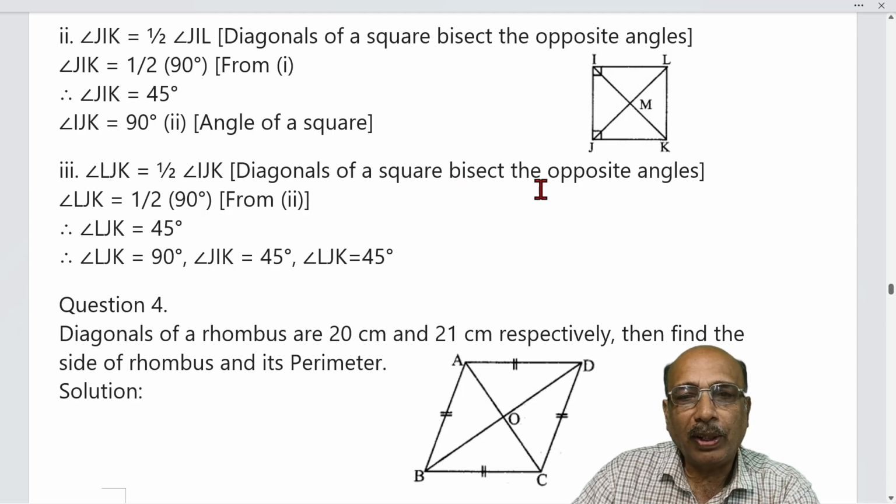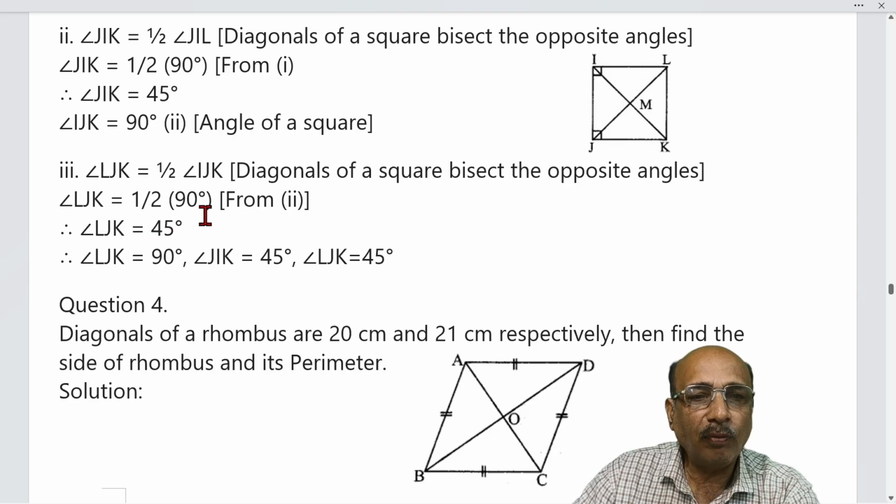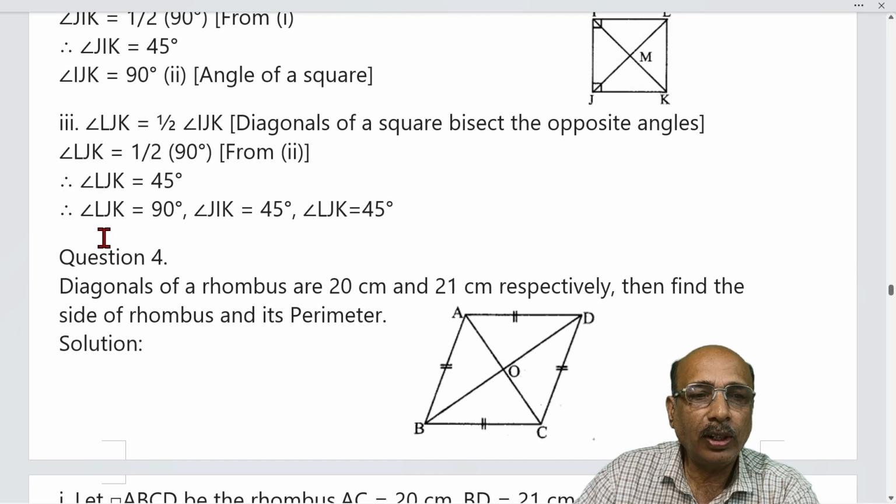Diagonals of a square bisect the opposite angles, again the same reason. So angle LJK equals half of 90 degrees equals 45 degrees. So in this problem we have found angle IMJ equals 90 degrees, angle JIK equals 45 degrees, angle LJK equals 45 degrees.